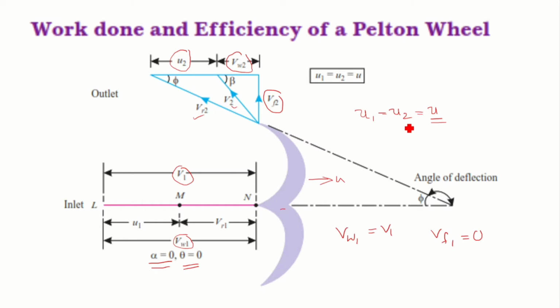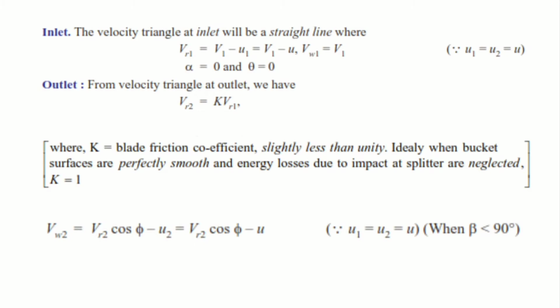The outlet velocity triangle is very similar to what we had discussed earlier, and the only difference here is that the inlet angle with which the jet strikes the plate is 0. So all the terms will change. Next we will discuss the work done terms and the efficiency terms. Here the term Vr1 is equal to V1 minus u1.